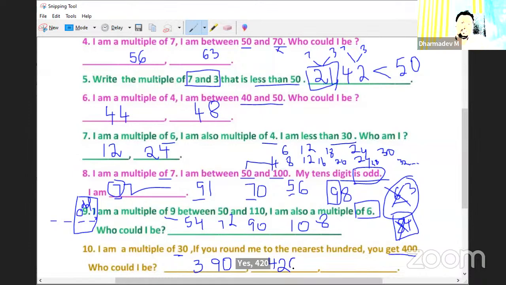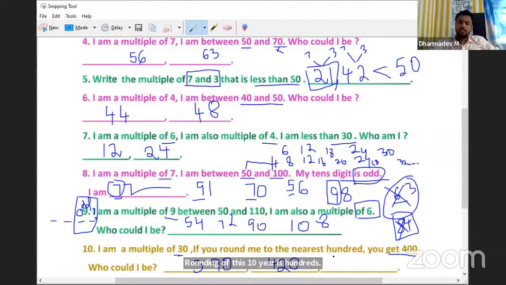Rounding off to the nearest hundreds. 360, yes, possible. If I round these values to the nearest hundreds, 350 is not possible. 390, yes, the closest. 420, the next. 360, yes, considered.